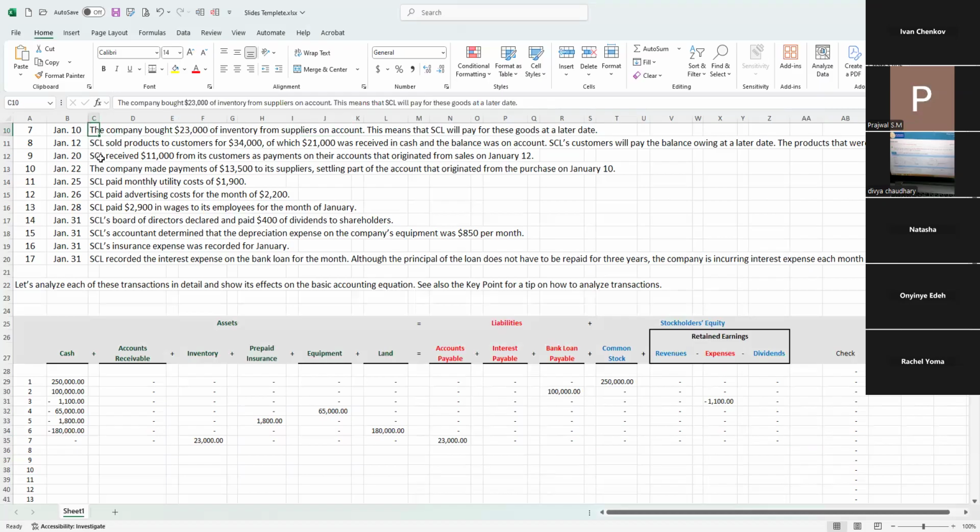What it means is you haven't paid in cash for it now, but you are liable to pay on a future date. Everybody understand that? Everybody understand the term on account?